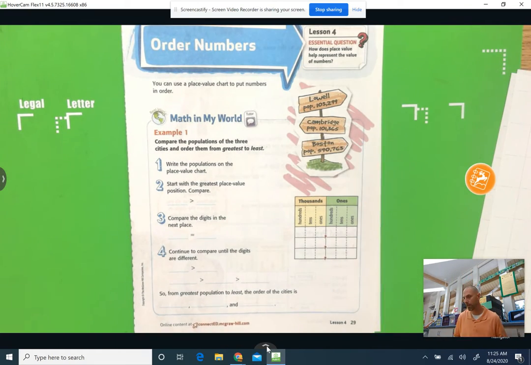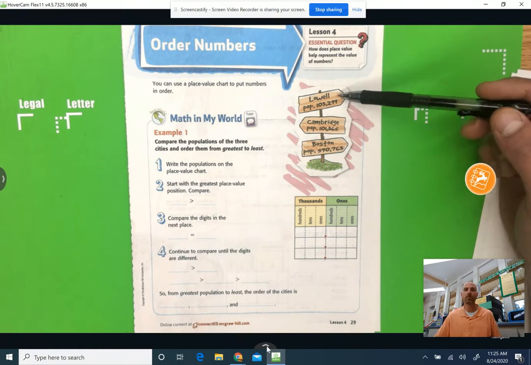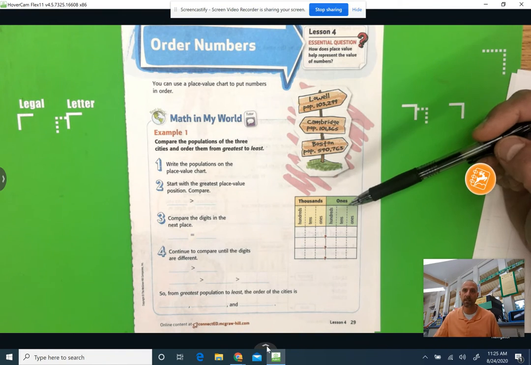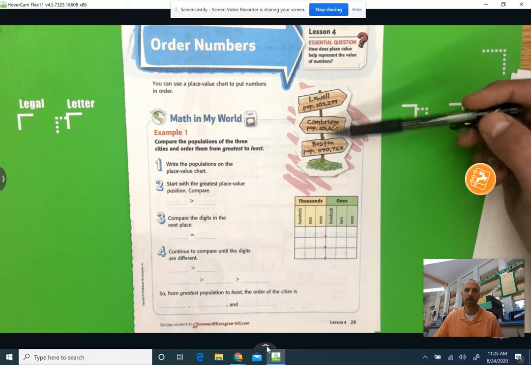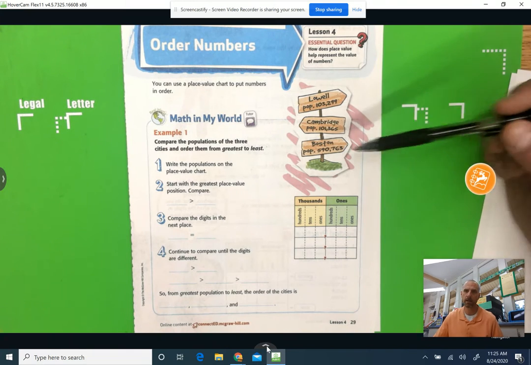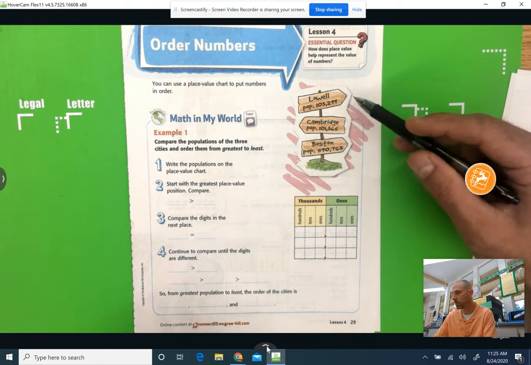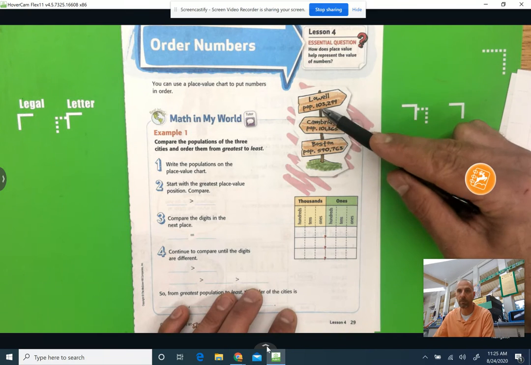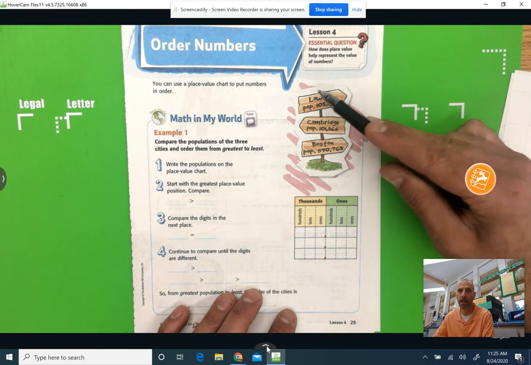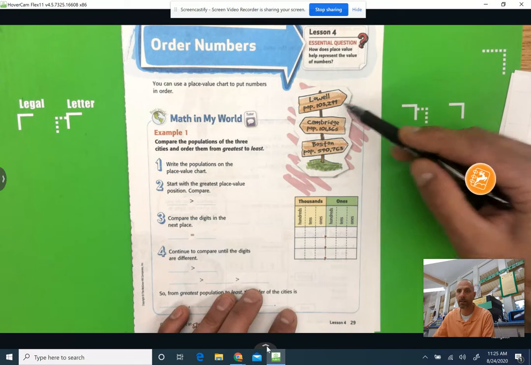So we have three numbers here. We have some populations of some different cities: Lowell, Massachusetts, Cambridge, Massachusetts, and Boston, Massachusetts. So Lowell has a population of 103,299.